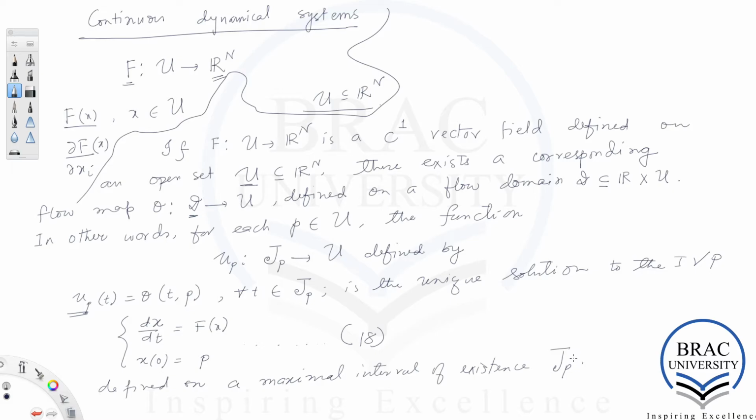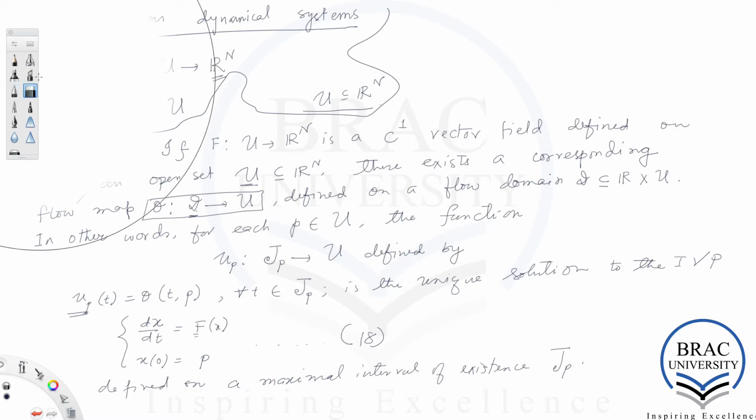Okay. And we also saw that this flow map theta from calligraphic D to U is a C1 map, as long as this vector field f is a C1 vector field. This is what we have seen already.